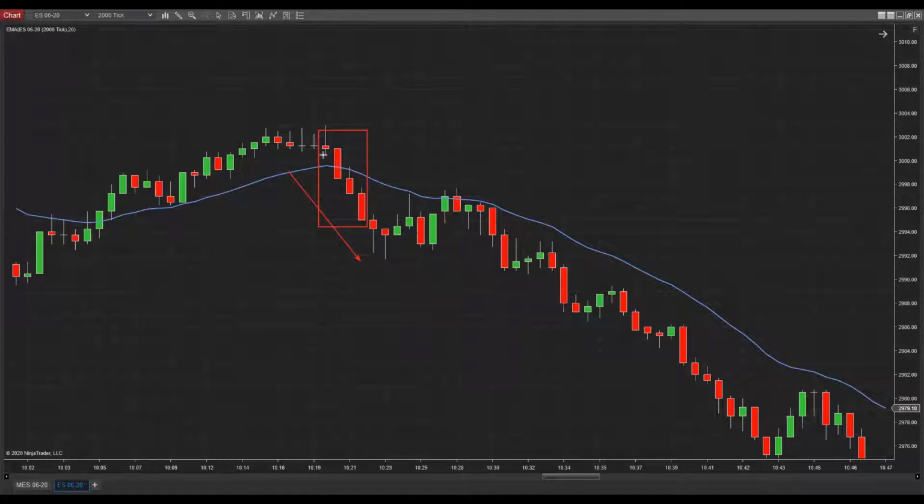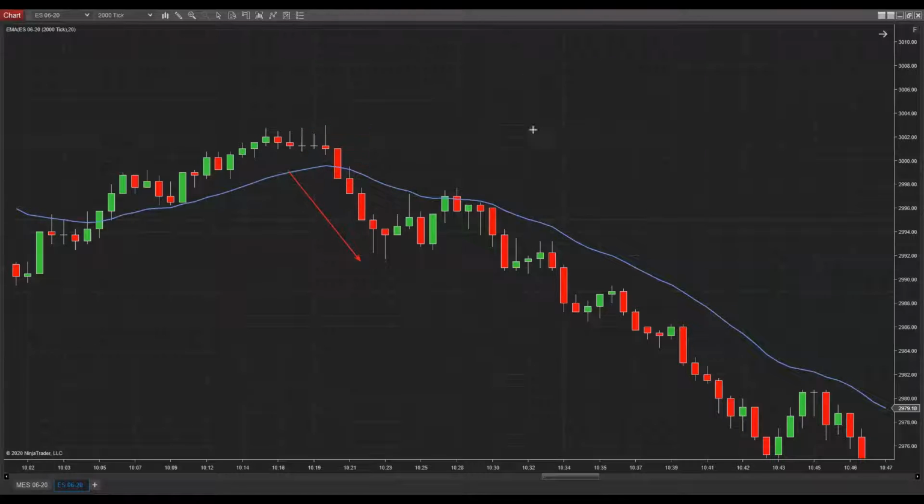Not only that, we have broken the 20 EMA. If you can recognize this, this is also a type of topping pattern. We're in a small range and it has broken down after a type of exhaustive move on the left side. So we have all of these bearish signs showing that we have possibly a reversal in trend and also the beginning of a bear trend.